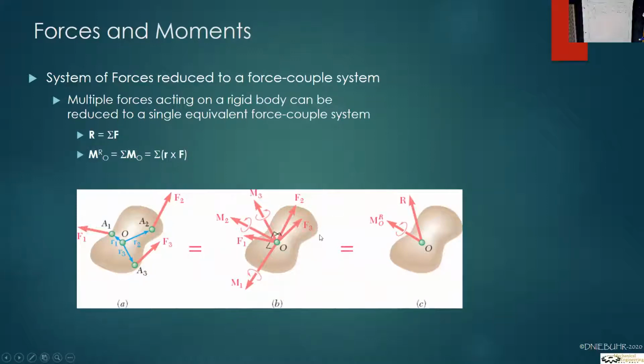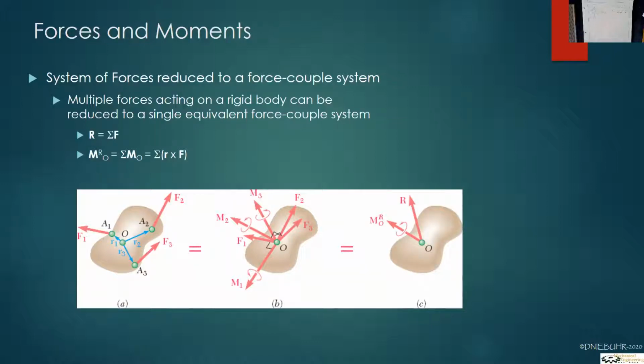This is a good pictorial, because recall that if we have multiple forces acting on a body, in this case F1, F2, and F3, acting on a body at the respective points A1, A2, and A3, and we want to replace those three forces with a single force couple system at O, we know that in order to move the force to O, we have to add a moment.